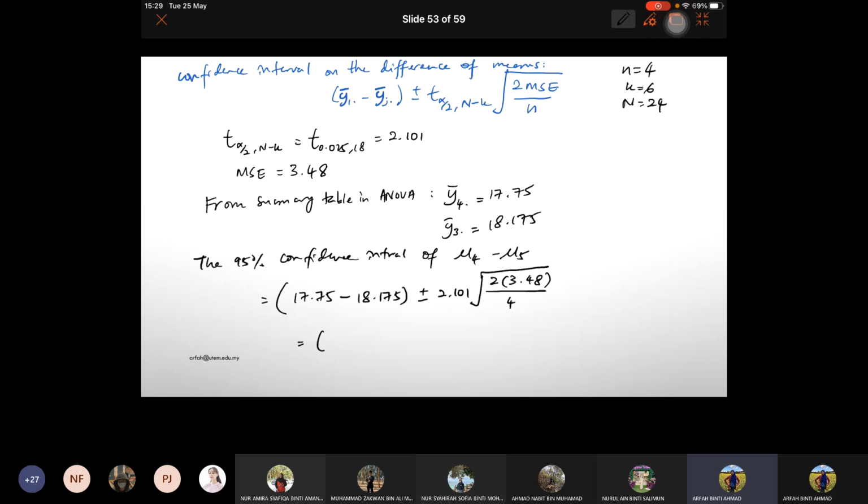So kira dapat berapa? Saya tak kira lah, malas. Kau kira, bagi saya jawapan. Bit, kira. Lepas tu bagi aku jawapan.